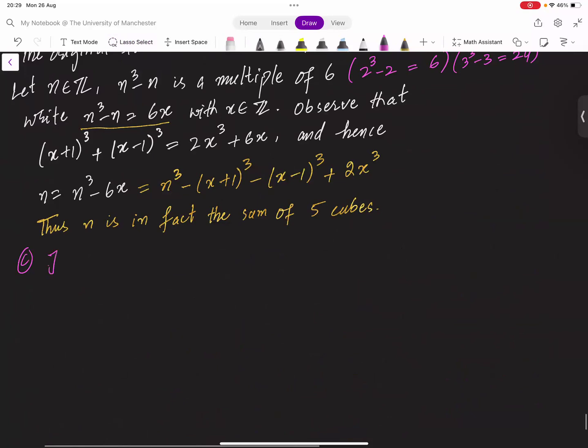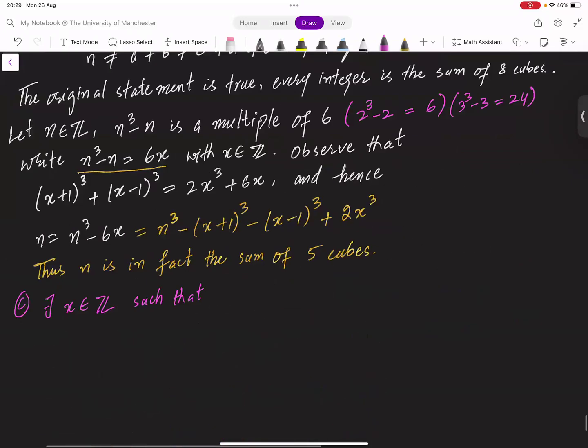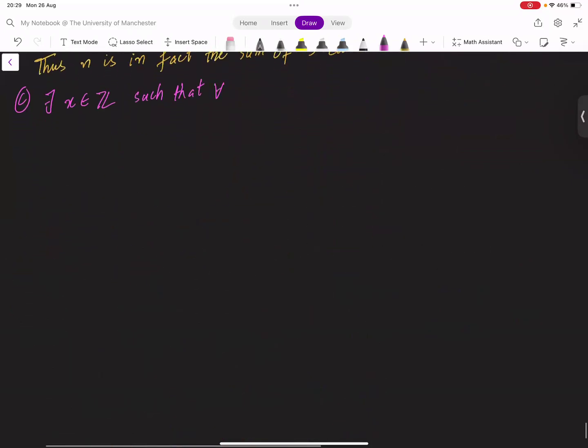There exists x in Z such that for all n in Z, x is not equal to n square plus 2.